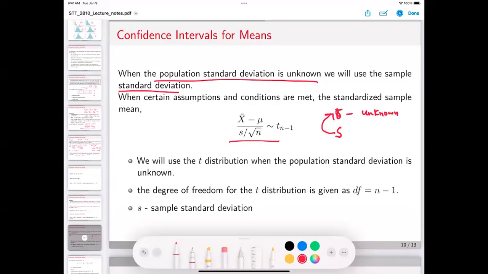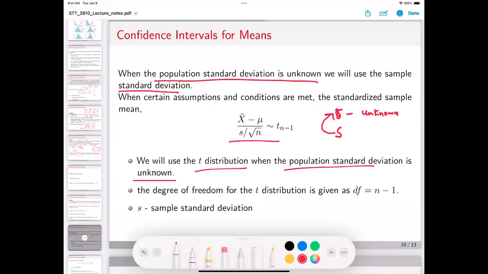So I went ahead to write these notes for you. We use the student T distribution when the population standard deviation is unknown. You are going to have problems where you have to decide whether to use the Z table or the T table. The main thing to focus on is to ask yourself, is the population standard deviation given?